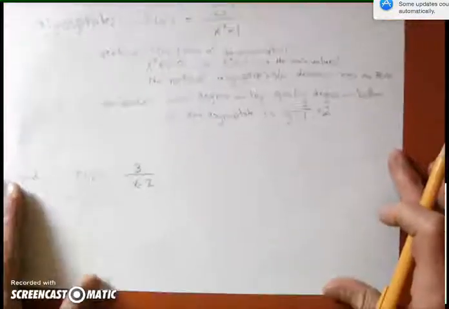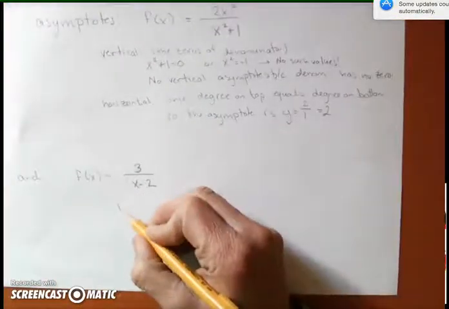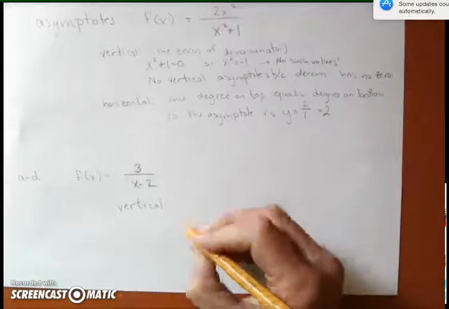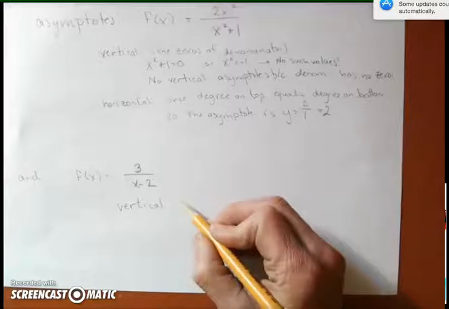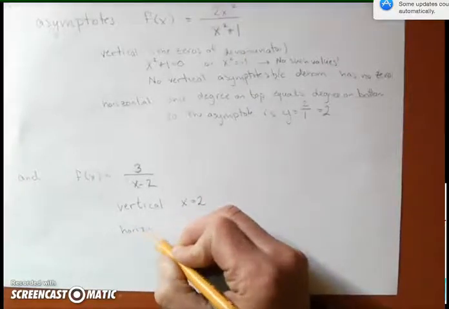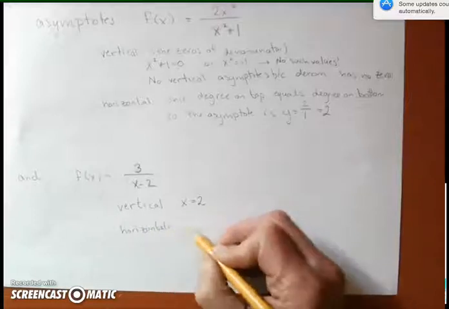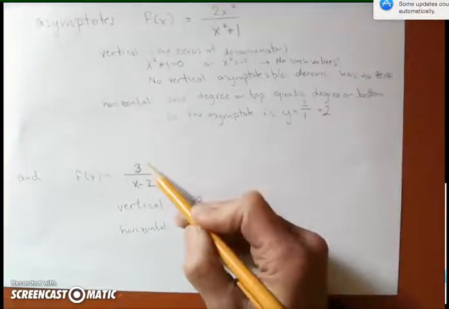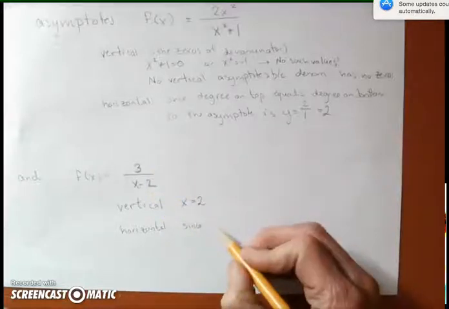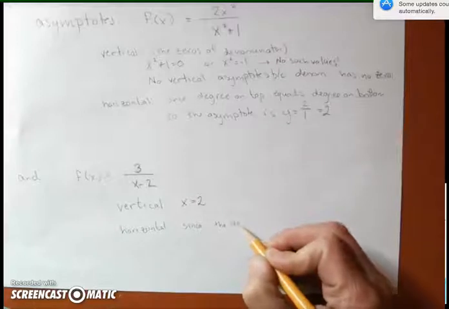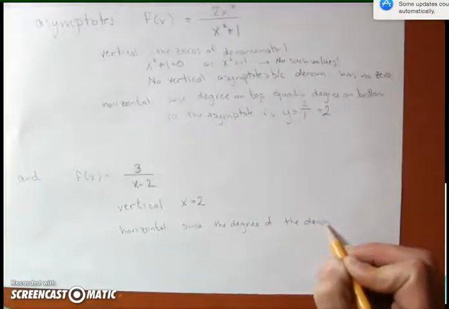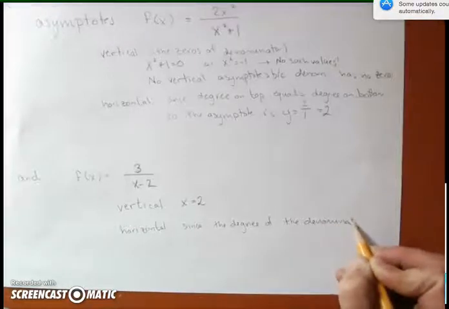So one final example, 3 over x minus 2. The vertical asymptotes are the zeros of the denominator, so it should be at x equals 2. And the horizontal: since the degree on the top is 0 and the degree on the bottom is 1, the degree of the denominator is bigger.